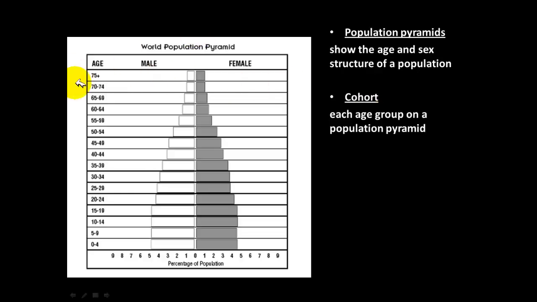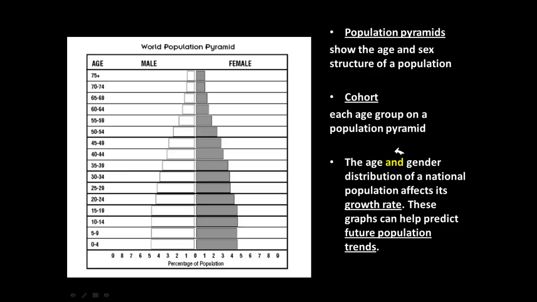So, for example, if I wanted to know about the cohort of everyone 70 to 74, that is a cohort. Another example would be the cohort of everyone from 45 through 49. This will be them. Okay, so that's what we're talking about: the age and gender distribution.